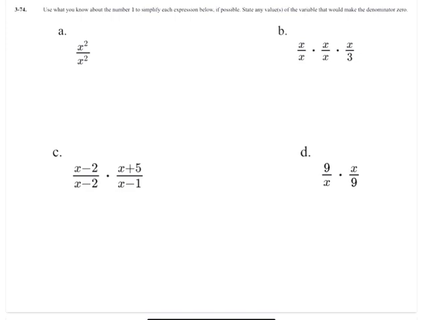So if we look at A, you get 2 options. You can leave it as x squared over x squared, and we know that those 2 are going to cancel out, and then that's going to equal 1, right? Or if you need to, you can separate that. This is the same thing as x times x over x times x. Because they're being multiplied, I can cancel this one out as 1, and I can cancel this one out as 1, right?